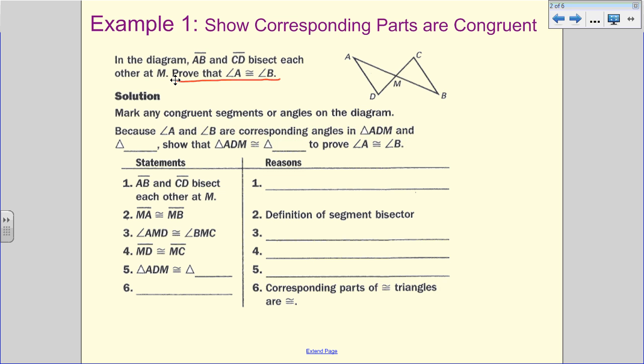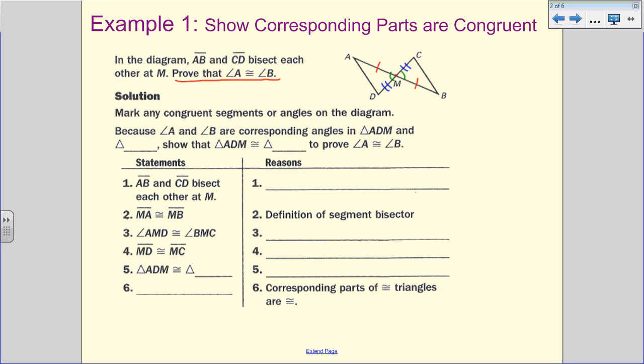So how we go through this: mark any congruent segments or angles that are on the diagram. So we know if AB and CD bisect each other, that means this point M is the middle of each of those segments. So AM is congruent to BM, and we know that DM is congruent to CM. The other thing we know, we talked about when triangles meet at a side and share a side, that's a reflexive property. We also know that when they meet at the angle here, we have congruent angles from our vertical angle property.